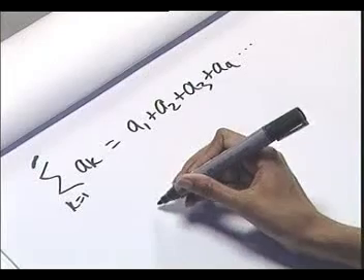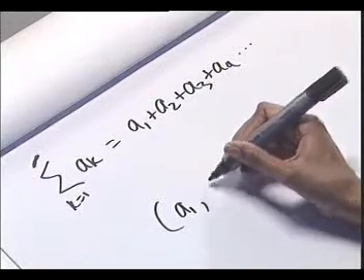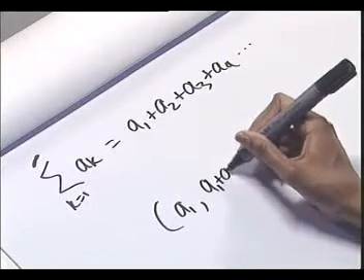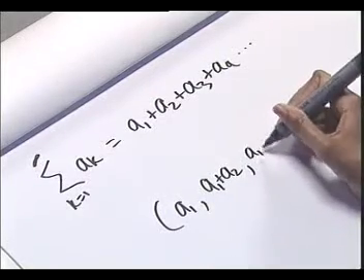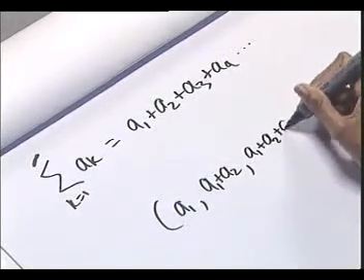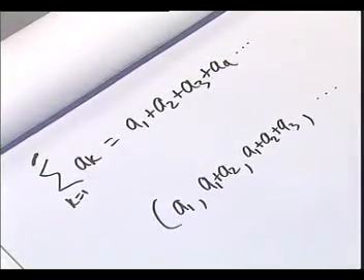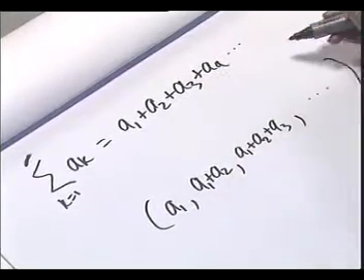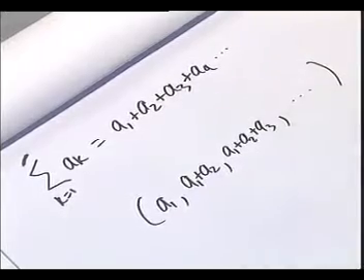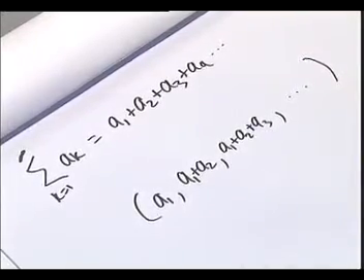So that is the sequence given by a1, a1 plus a2, a1 plus a2 plus a3. These are the nth partial sums. So we say that this series has a sum if this sequence has a limit.